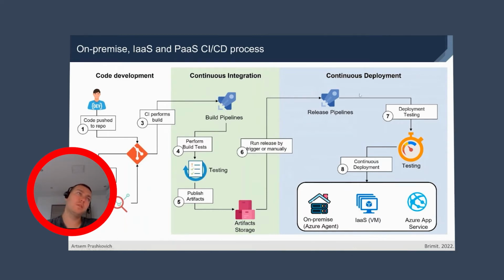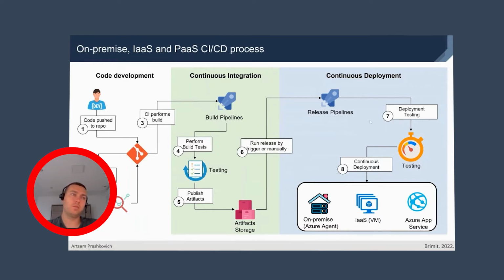We have release pipelines, which also can be run automatically or manually. It depends on your requirements and business logic. When we run our deployment, we test something again. Oops, sorry. And once all tests are passed, we make sure that we can deploy it.